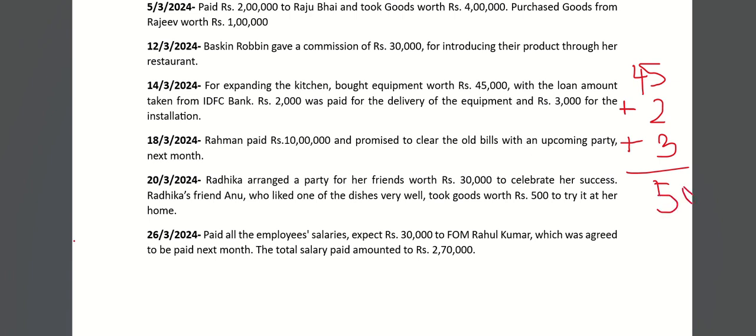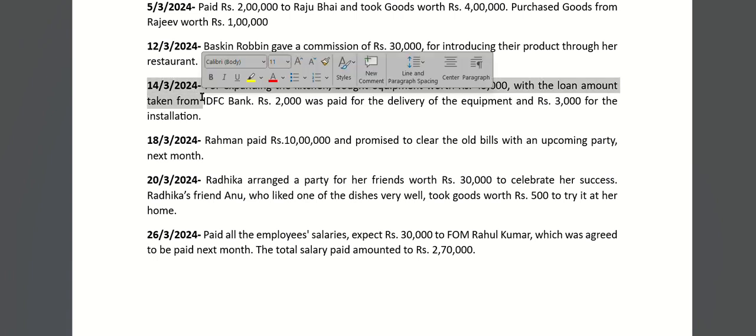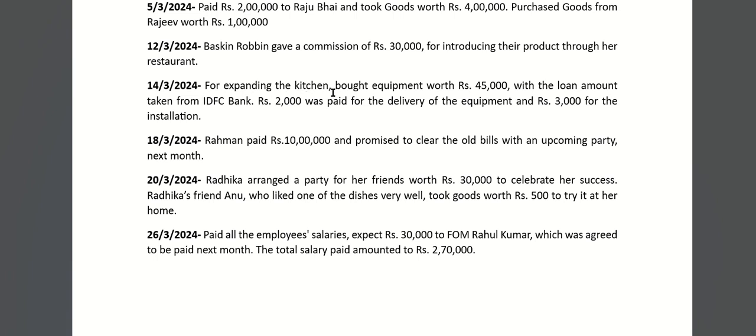Okay, now how will we write the journal entry? It is easy, but we should have some concentration or we will get confused. Just have a look at it once again. On 14/3/2024, for expanding the kitchen, we bought kitchen equipment of 45,000 with the help of a loan.